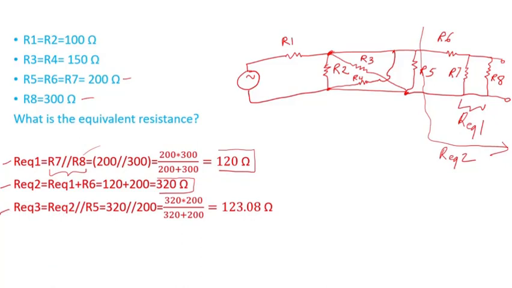It's R equivalent 2 in parallel with R5. For now, I'm just going to do R5, and I will address R3 and R4 next. R equivalent 2 is 320, R5 is 200. If I do the math, it's 123.08 ohms.